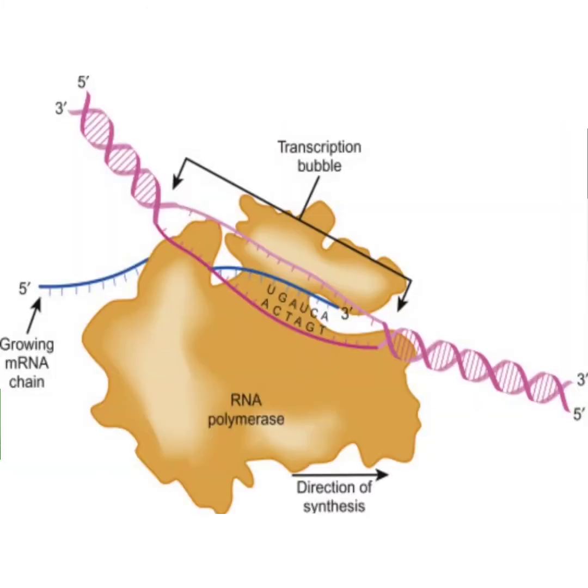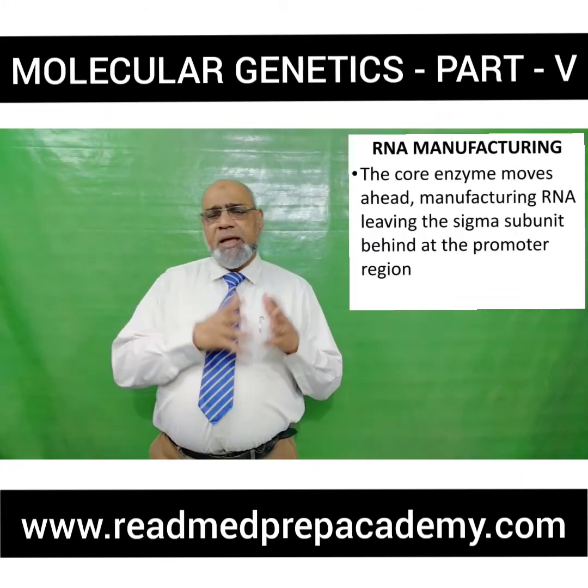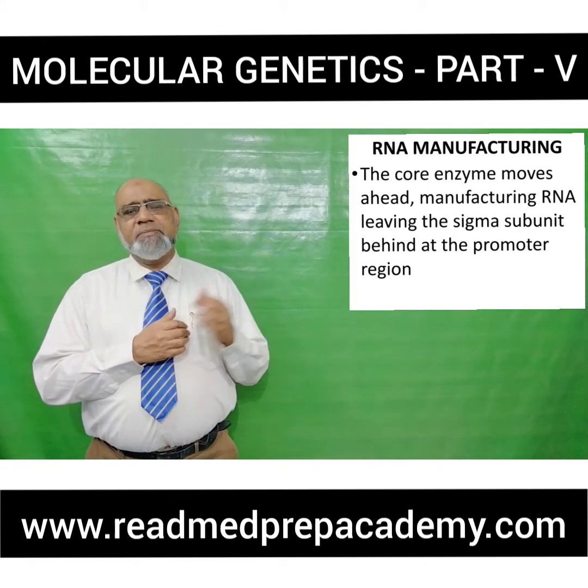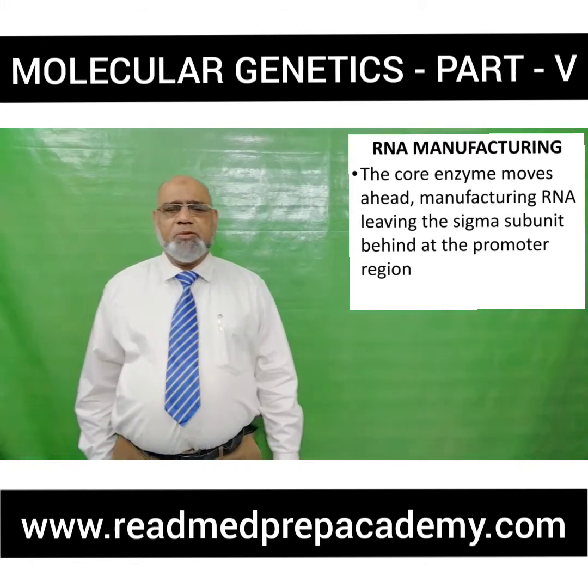Here you can see the growing RNA chain and the RNA polymerase being attached, the formation of the transcription bubble and the direction of synthesis from 5' to 3'. The core enzyme, as it moves ahead, manufactures RNA. It leaves the sigma subunit behind at the promoter region.